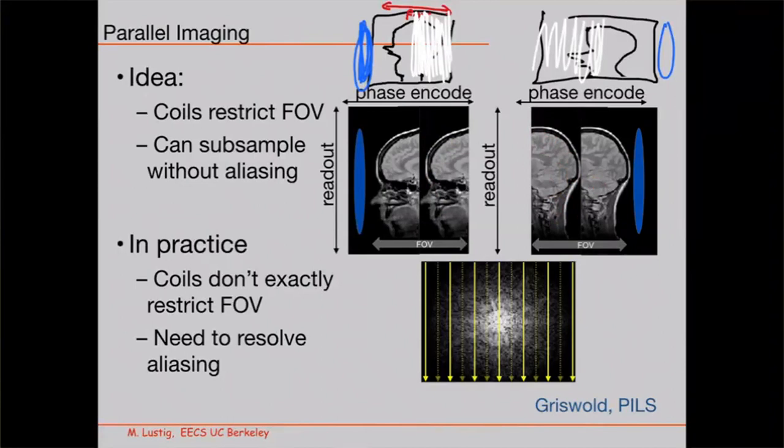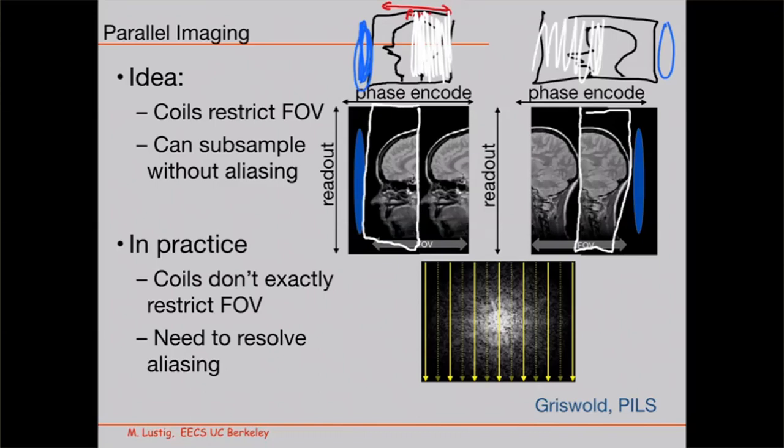So if I want to reconstruct, I take this image and stitch it with this image, and I get a head with half the scan time. So you can see now how it could have bought me that, right?